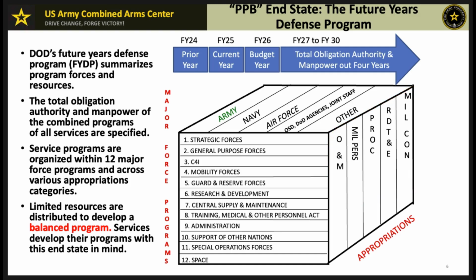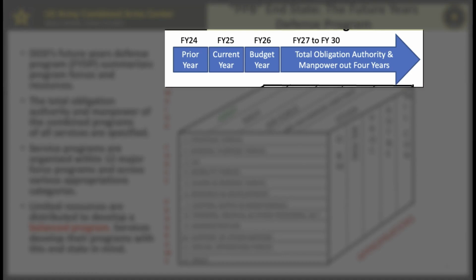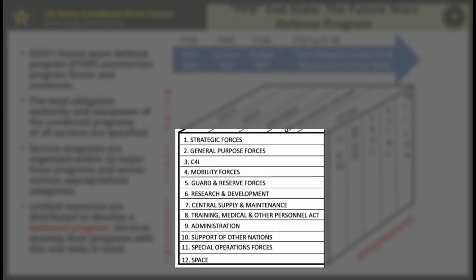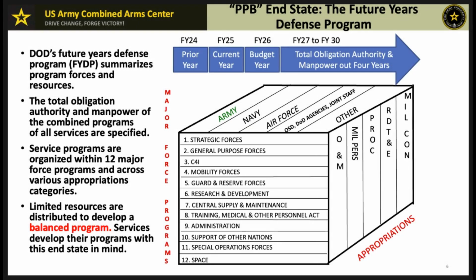It also covers activities like military assistance, NATO efforts, and humanitarian aid. The FYDP includes both historical and projected data for the previous year, current year, and the next 5 years. DoD programs are organized into 12 major force programs covering service-specific and joint initiatives.